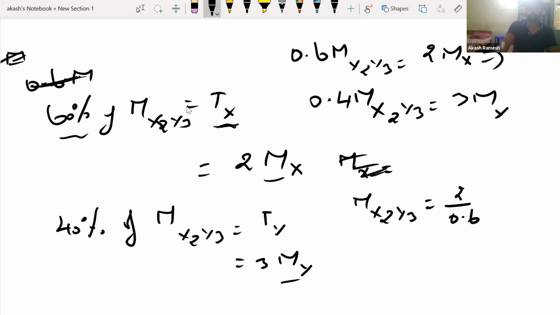This is equation 1, this is equation 2. This is coming from 1. Molecular mass of X2Y3 is equal to 2 divided by 0.6 into molecular mass of X.